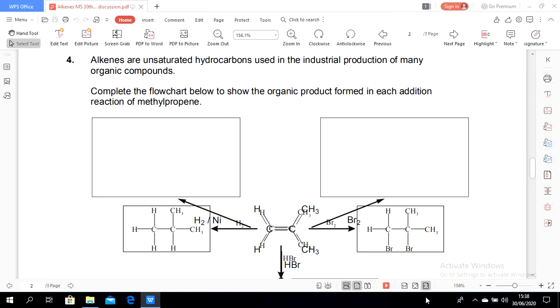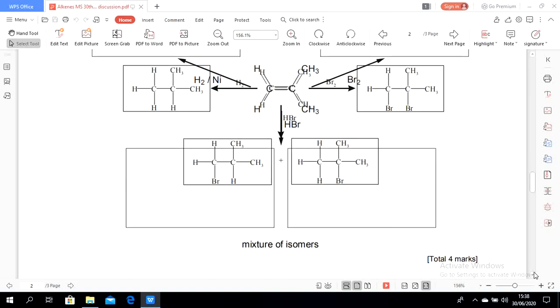Okay, next with HBr. With HBr, we see here, this is using the Markovnikov rule. Why?